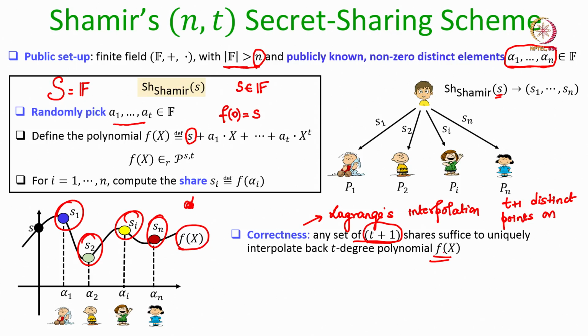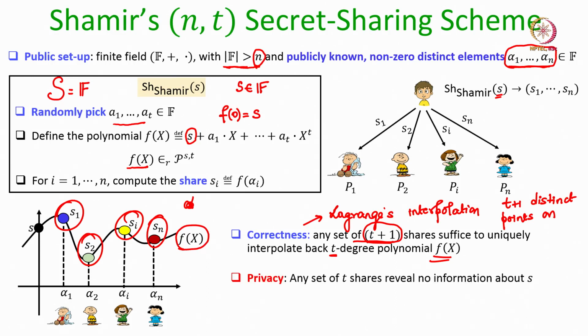And now, we have already discussed that if you are given t plus 1 distinct points on an unknown t degree polynomial, you can always uniquely recover back. And if you can recover back the polynomial f of x, then the dealer's secret is nothing but the constant term of that polynomial. So, correctness is trivial.